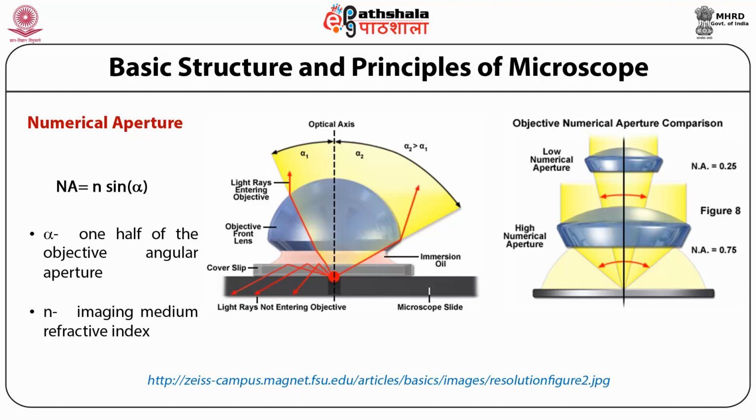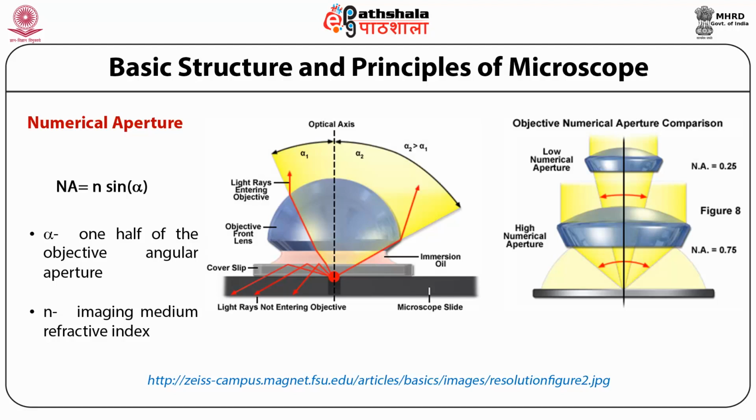So as you can see, NA in this case is defined if you have a microscope slide kept here, then you have your sample, shown as a red dot here, covered with a cover slip. Now when light is emitted from the sample, there is specific light which does not enter into the objective lens, but there is the light which goes back to the lens, which also depends upon the immersion oil or the refractive index of the immersion oil if you have.